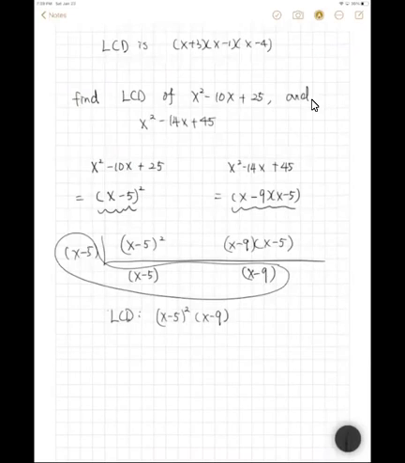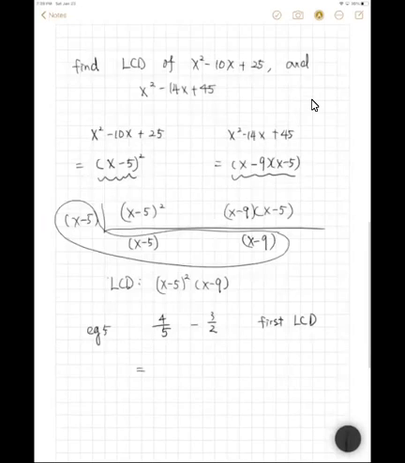So let's do some reminder. When we do the fraction operation, the subtraction and the addition, 4 over 5 subtract 3 over 2, how would you do? The first step is what? You want to find the least common denominator first. By what?